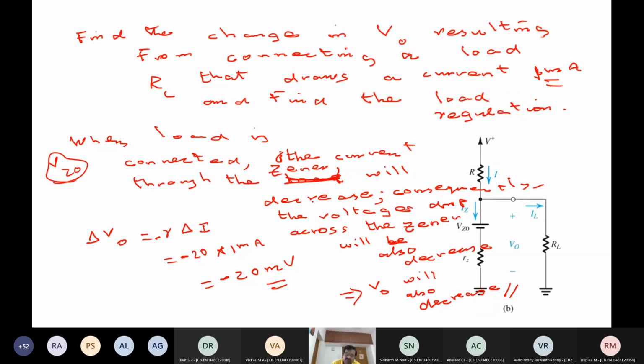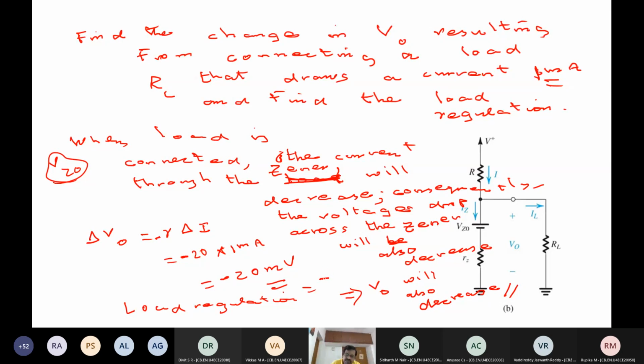So we can easily find our load regulation. We don't have to worry about the minus or positive. It is always going to be minus when a load draws a current.